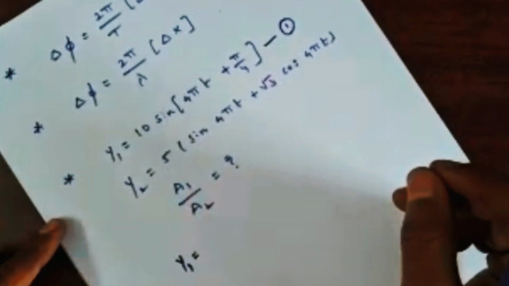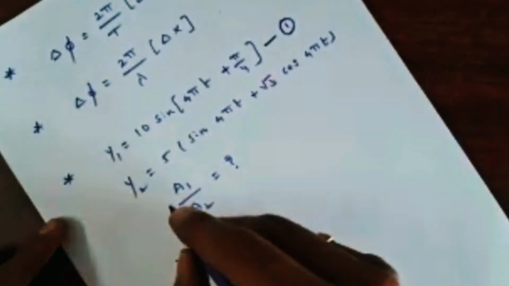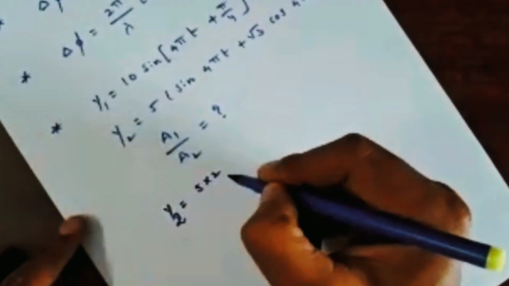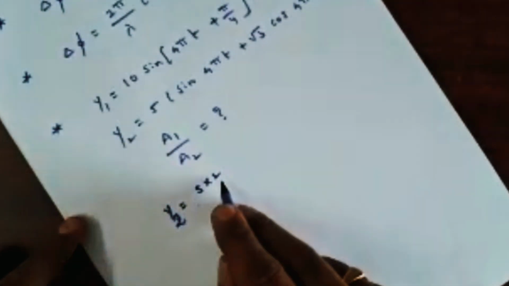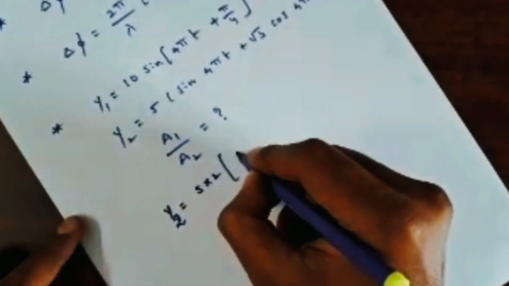So for that purpose, I need to change the second equation. Consider y2. y2 is equal to 5, which is 10 into 1 by 2; inside the bracket I am taking 1 by 2.